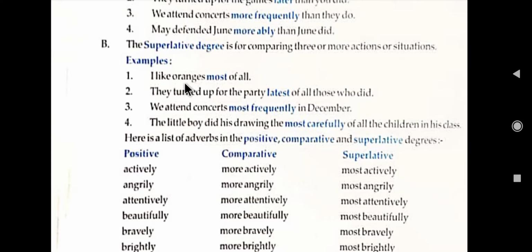Now example, I like oranges most of all. So when you have to choose a thing out of all, then you use superlative degree. They turned up for the party latest of all those who did. We attend concerts most frequently in December. The little boy did his drawing the most carefully of all the children in his class.